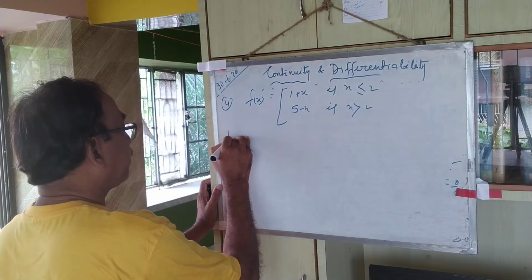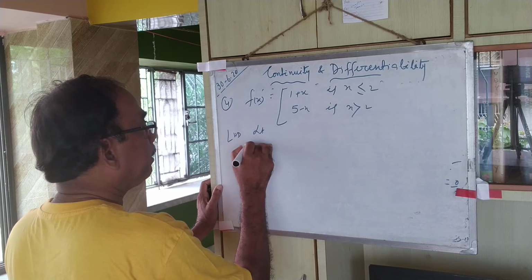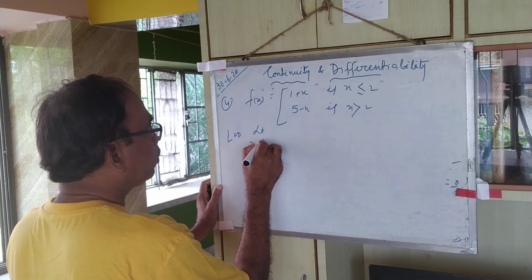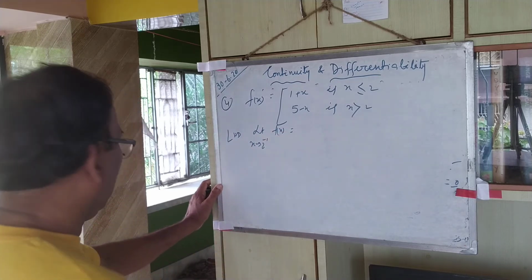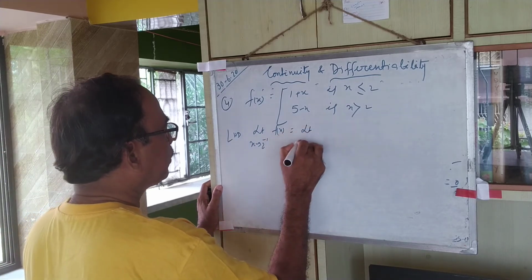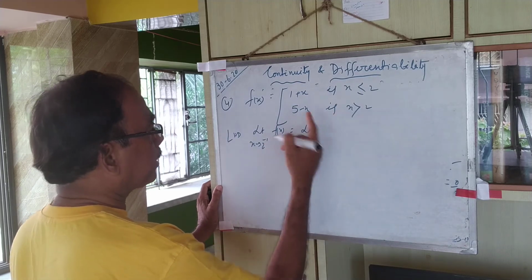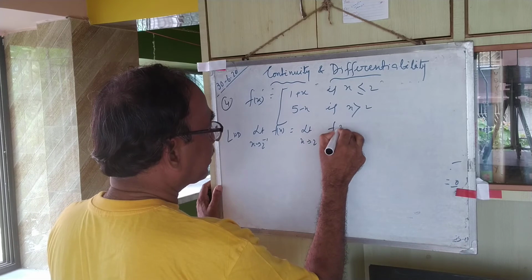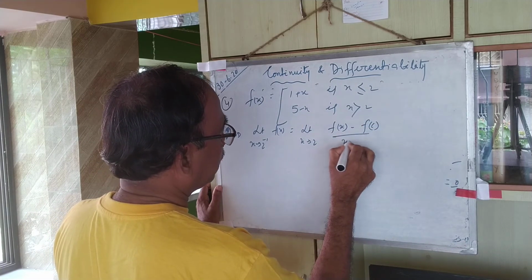Just like the previous sum, left hand derivative, limit x tends to 2 to the power negative, we will take f(x) minus f(c) over x minus c.